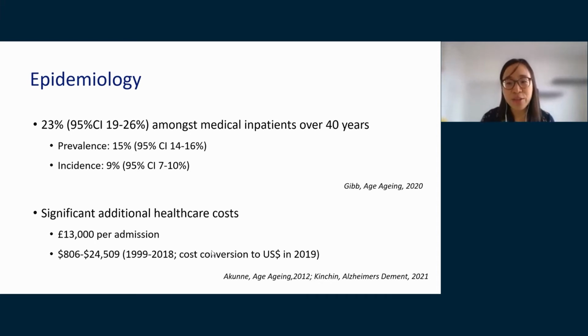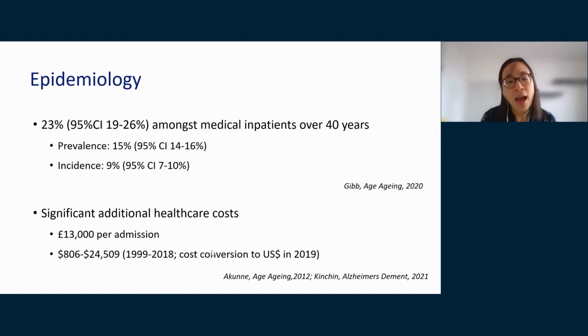There are limitations to the estimation of these figures. For instance, in some studies included in the meta-analysis, patients who are unable to consent or have specific neurological conditions were excluded. Dementia prevalence across the studies varies quite widely as well. Excluding specific groups of patients who are likely to have delirium can affect the robustness of the estimated prevalence rate and incidence rate.